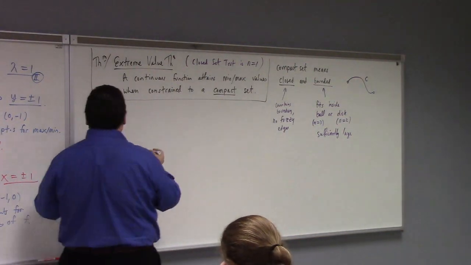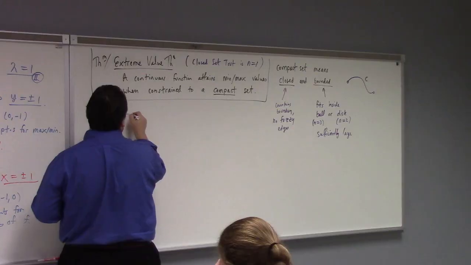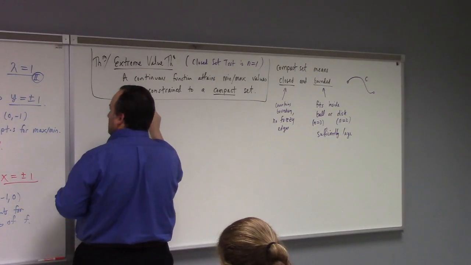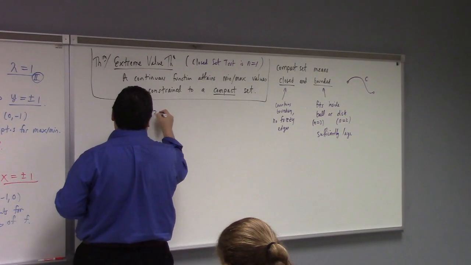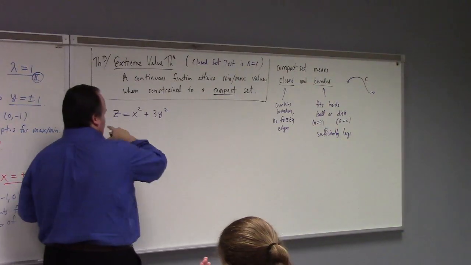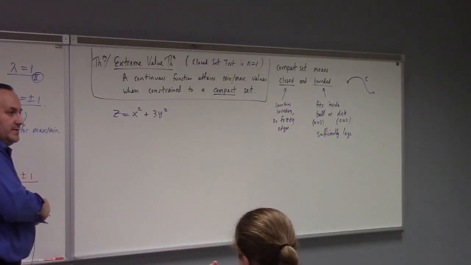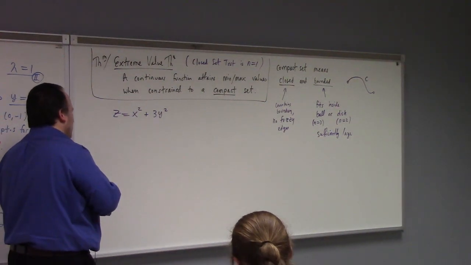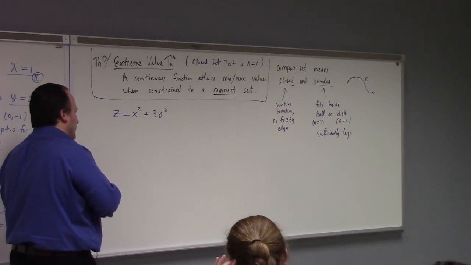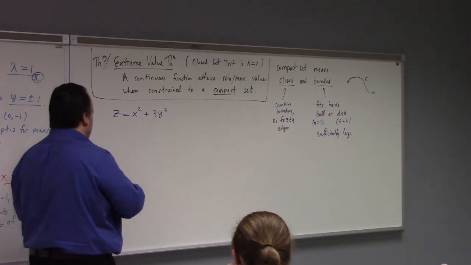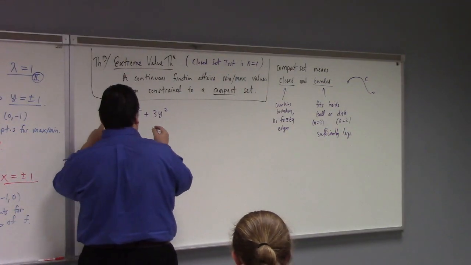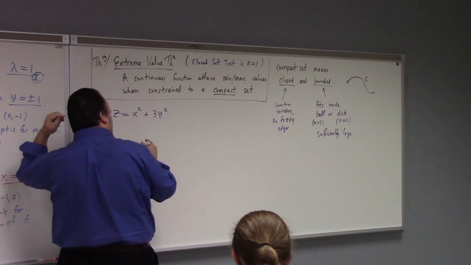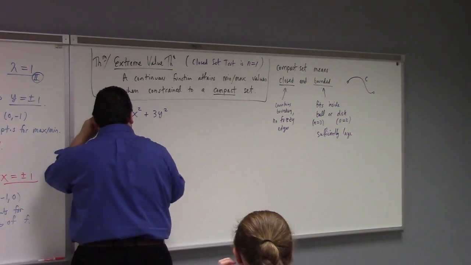So z equals x squared plus 3y squared. I can't always do this though. So this example is sufficiently simple that I can do it. But that is an elliptical paraboloid. I'm trying to think. Is it fat? Where's it fat? X goes to like plus or minus 1, right?